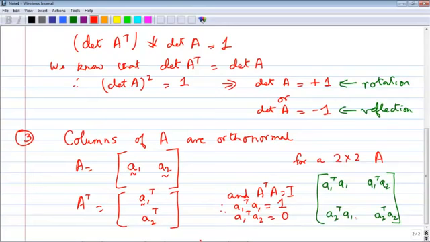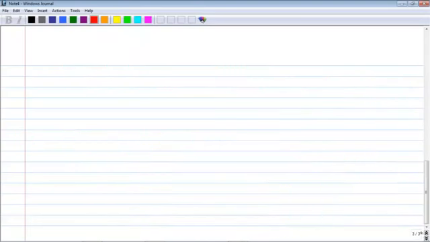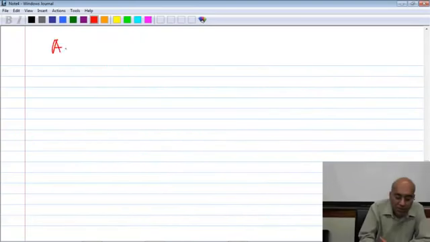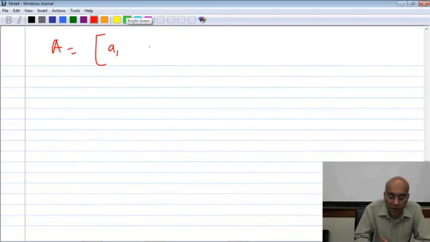And the same is true for A2 transposed A1. And A2 transposed A2 is equal to 1. So let's repeat what we said. A is A1 and A2. These are column vectors.